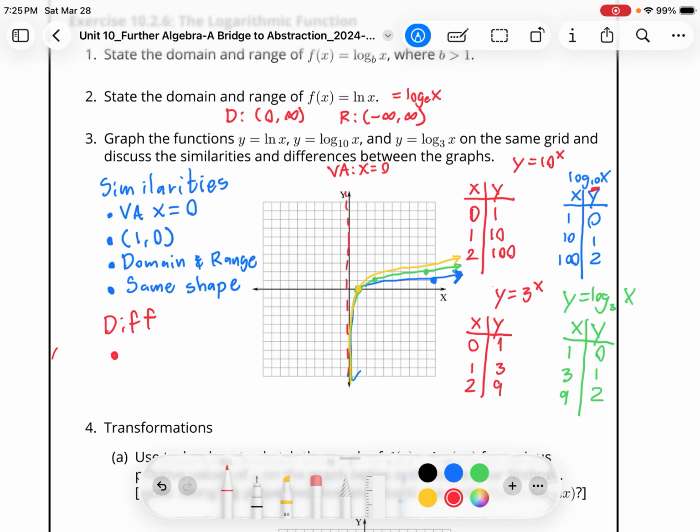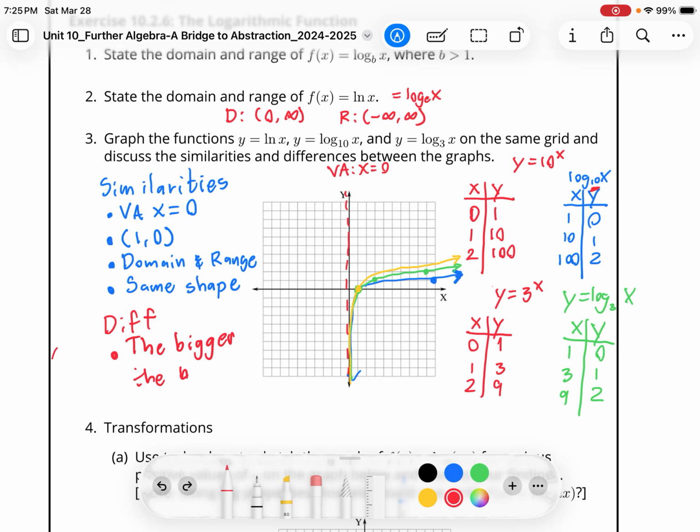So the bigger the base, the smaller the growth.